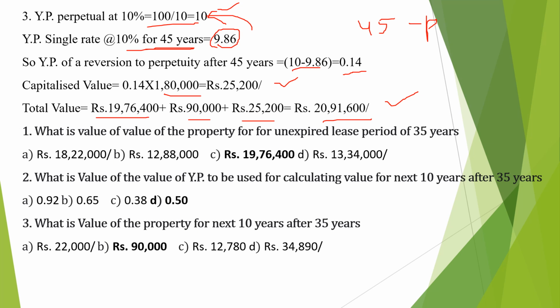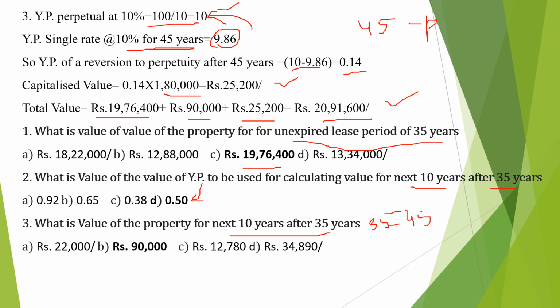What is the value of the property for the unexpired lease period of 35 years? We have calculated 19,76,400. Then for the next 10 years, after 35 years, from 35 to 45 years, we have calculated YP, which is 0.5. Then the value of the property from 35 to 45 years, we have calculated as 90,000.